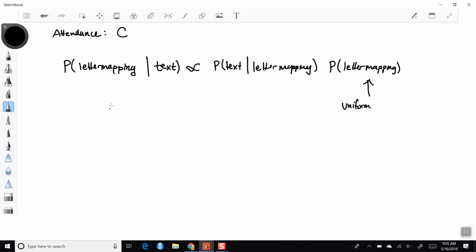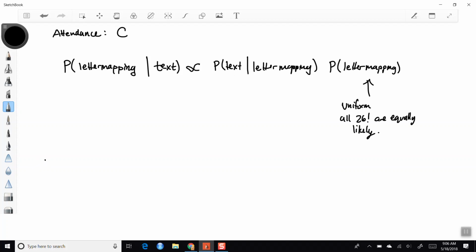So really, if that's the case, then this value is going to be the same for all possible letter mappings. And so we can just say the probability of a letter mapping given our text is going to be proportional to the probability of our text given our letter mapping, right?